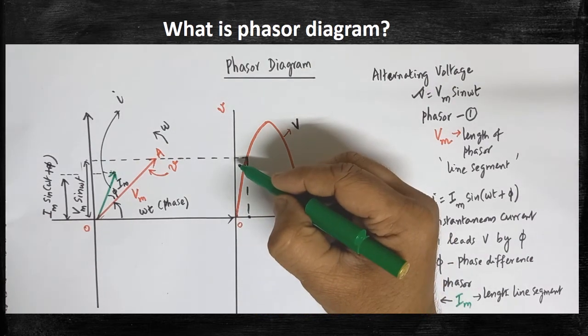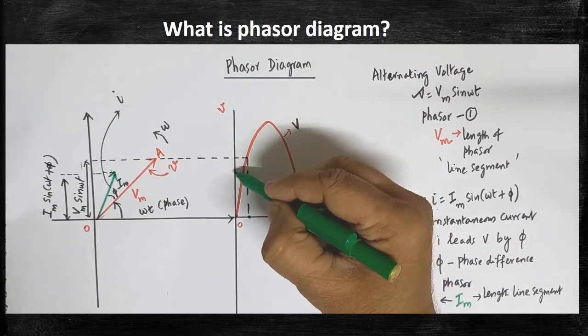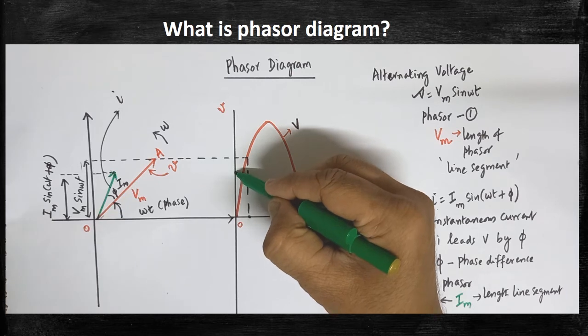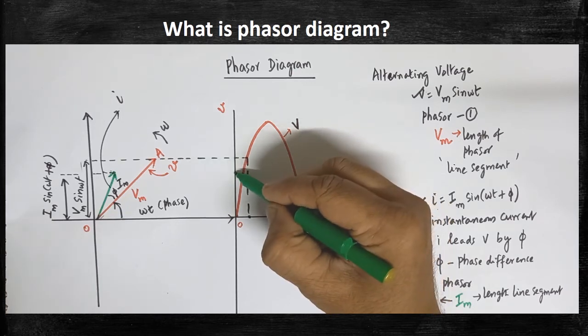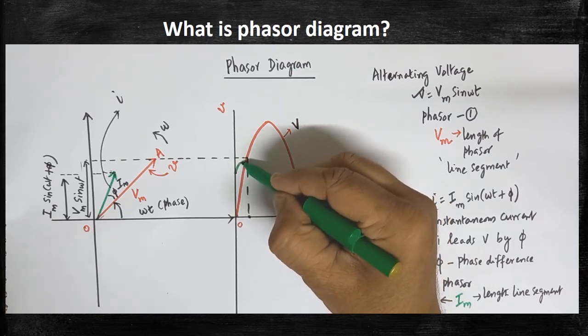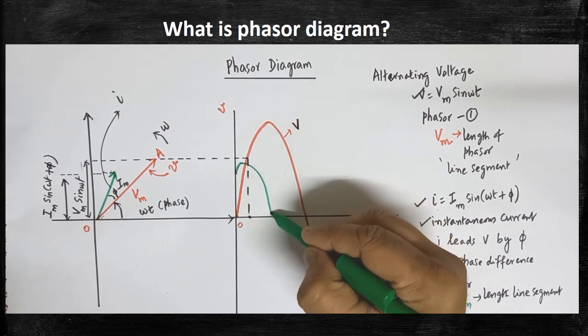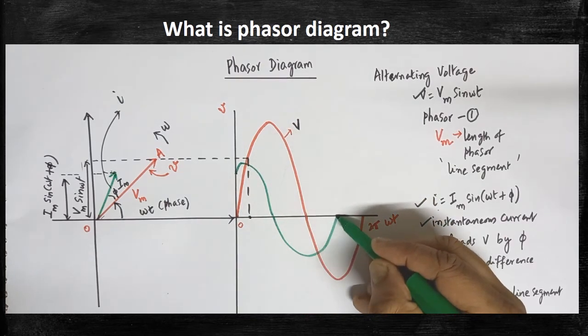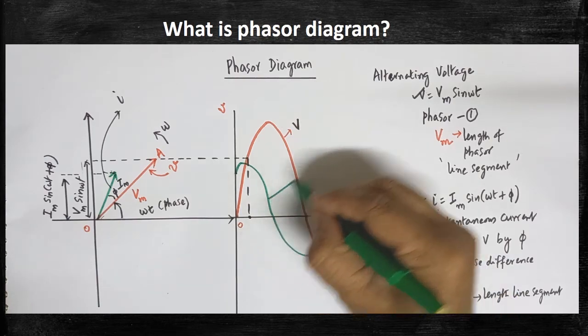It should be started like this, from the y-axis. Look at the graph. The graph is to be drawn like this. It has to be drawn like this.